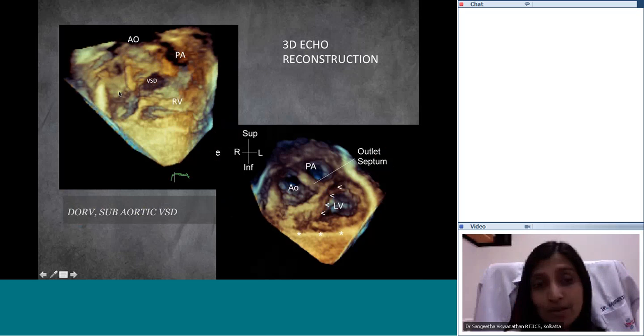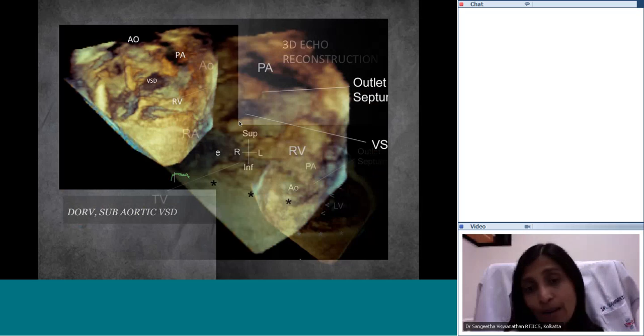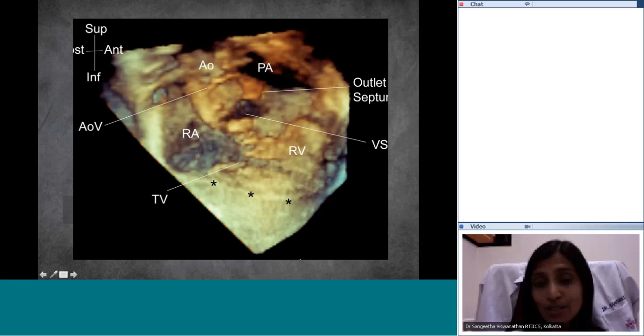So you can see this is the RA, RV. You can see the VSD here beneath the aorta, and you can see the RVOT with the pulmonary artery. And once again, this is just more magnified and labeled for easy appreciation. You can see the aortic valve here, the right atrium, the right ventricle. You're looking at the right ventricular surface, and you can see beautifully how that VSD is opening beneath the aorta.